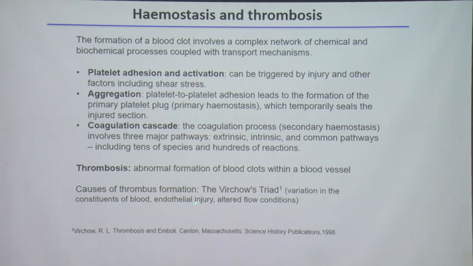The second is vessel injury and endothelial injury, because this triggers the release of the clotting factors and also triggers the activation of platelets. And the third one, which is also very important, is the altered flow condition. So understanding blood flow is also very important in our understanding and therefore modeling of thrombus formation.